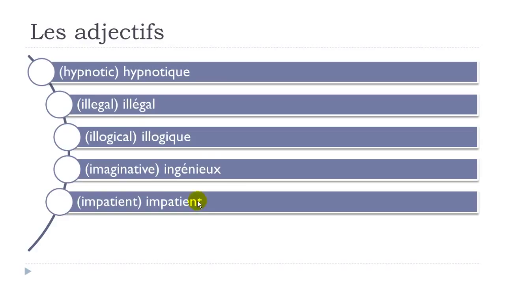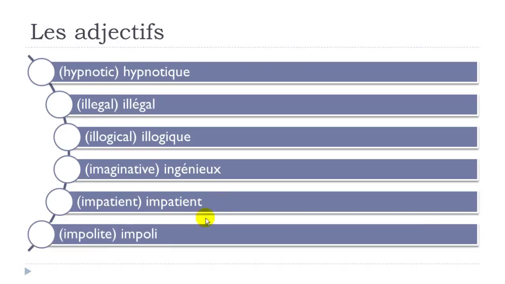Impatient. Okay, remember, final T not pronounced. And then you've got this T, I, and a vowel, so sien. Sien. Impatient. Impatient. Impoli. Okay, remember, I-M, and then a consonant after, so nasal. Impoli.